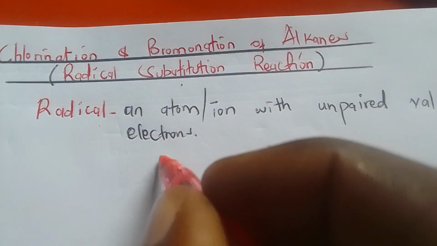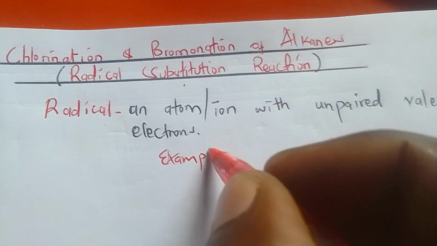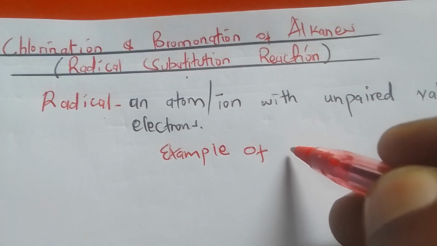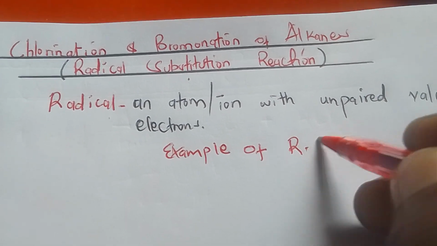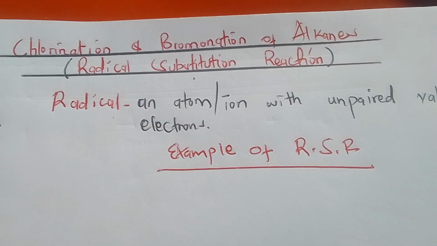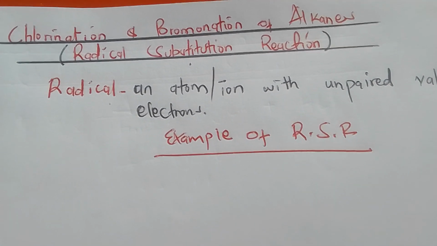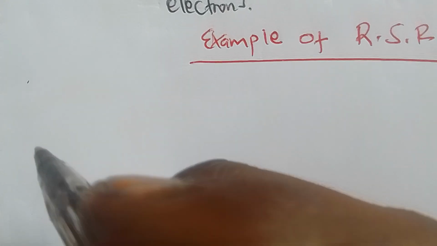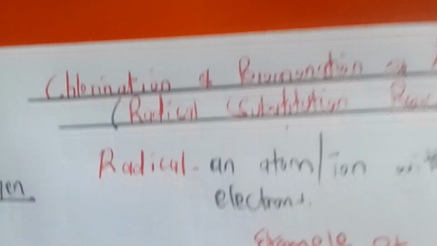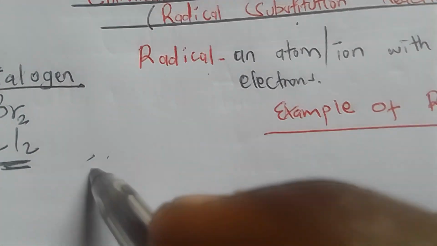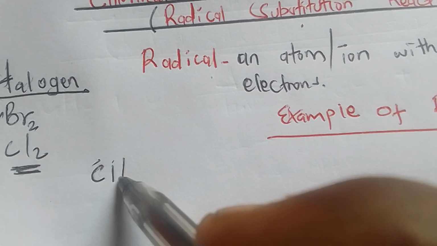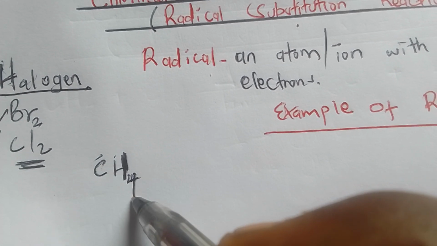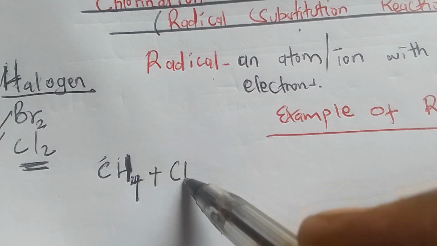So a radical is an atom or ion with unpaired valence electron. An example of this radical substitution reaction is a reaction between methane and chlorine.